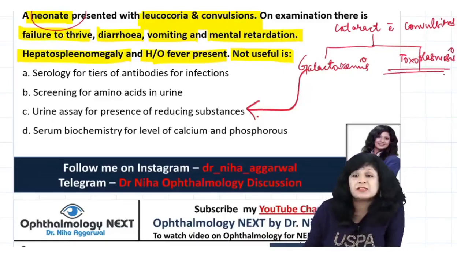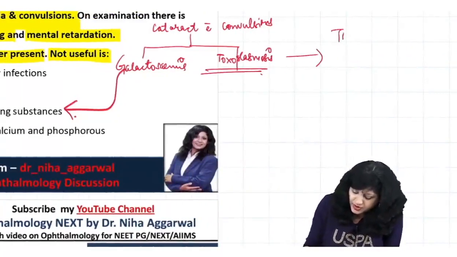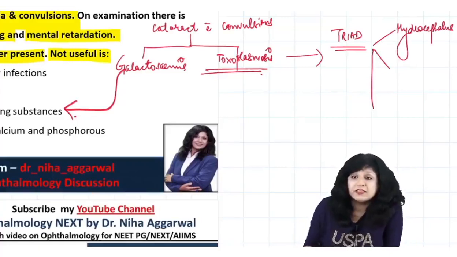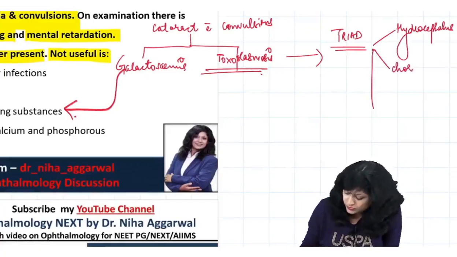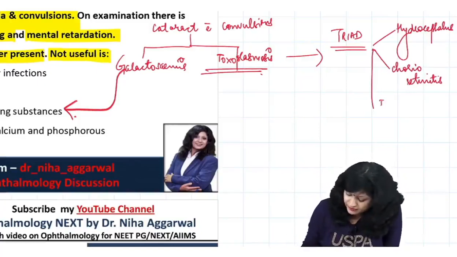For toxoplasmosis, we require a triad. This triad consists of hydrocephalus, chorioretinitis, and intracranial calcification.